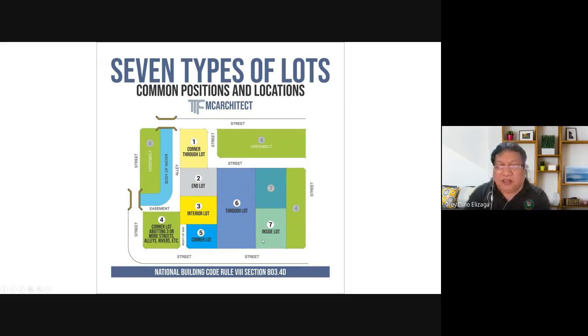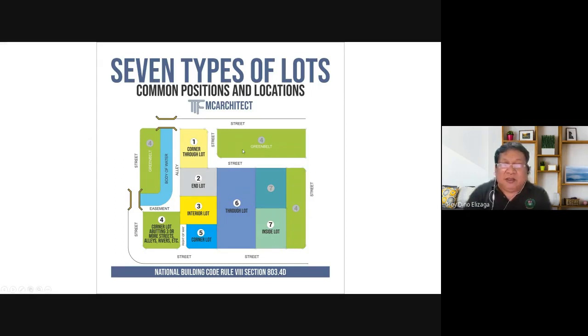This is a poor definition of an inside lot, because this could be an inside lot if there's no street here at the back, okay, and then there's a street here at the front, and you need to get an easement. Okay, you have to buy a part of the property of the one in front of you so that you have access to your property because you are inside.